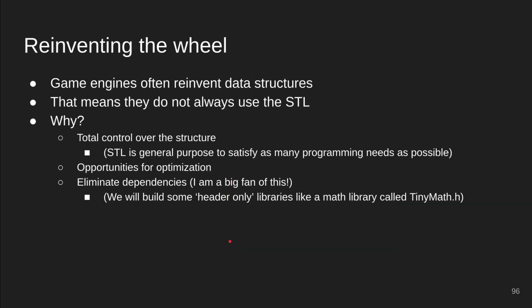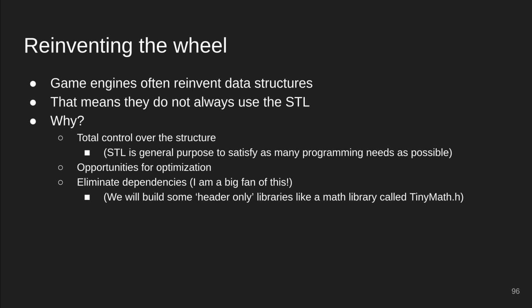Now, game engines will often also reinvent a lot of these data structures for their purpose. I'm telling you about the C++ STL so you know it exists, and it's fine to use in this class, but it's the standard template library, which means it's general purpose, good for most of the tasks that it does, but it's not always going to be optimal.